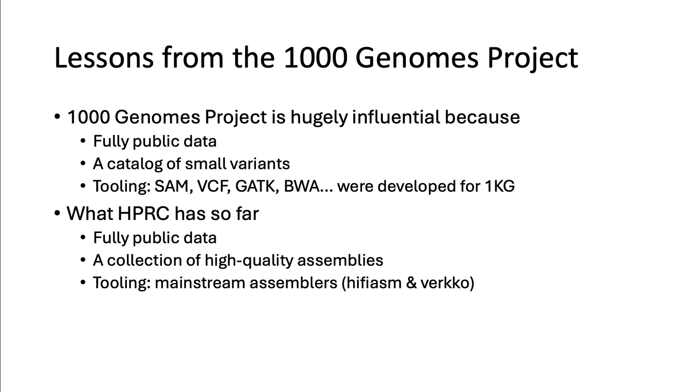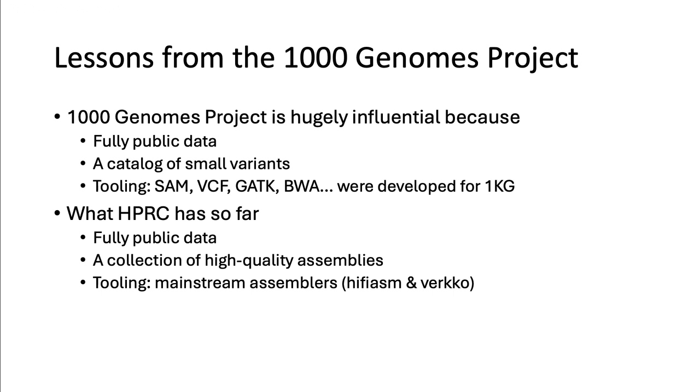There are some important lessons we can learn from the Human Genome Project. If you think about it, the Human Genome Project and the Human Pangenome Reference project are very similar projects in that both are funded by the NHGRI, and both have fully public data. And I think the most important components of the Human Genome Project are 2.